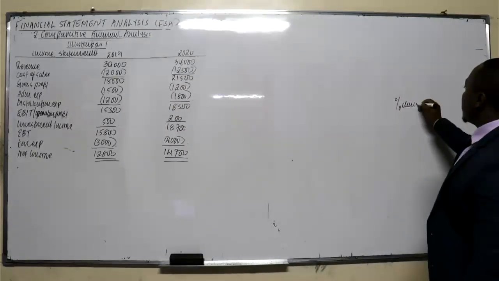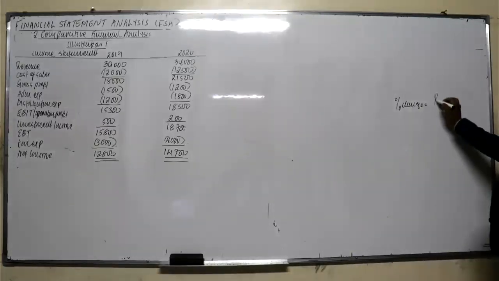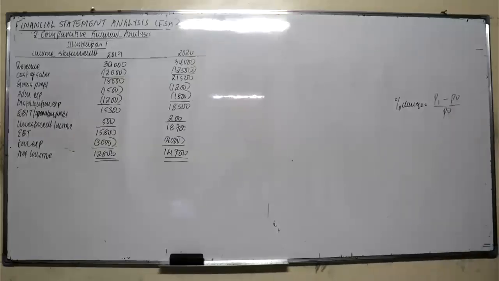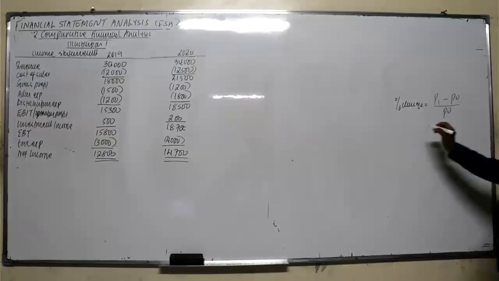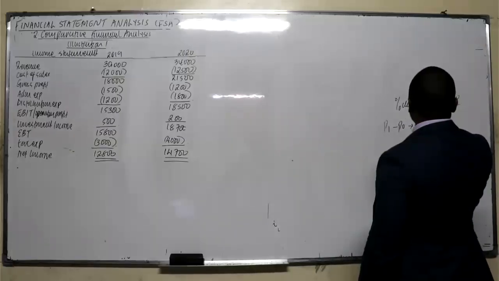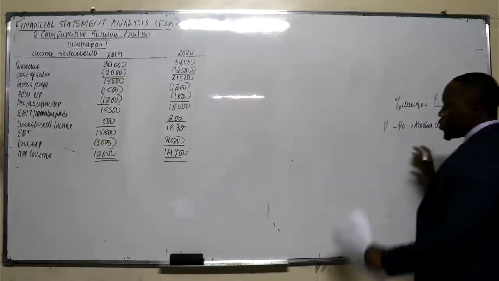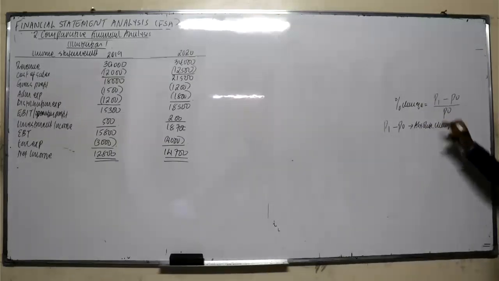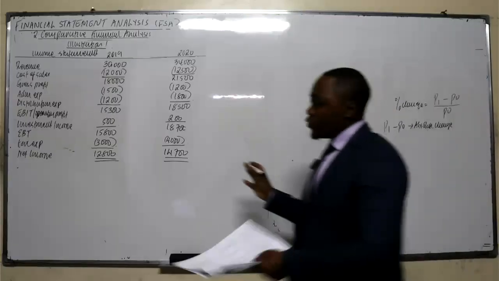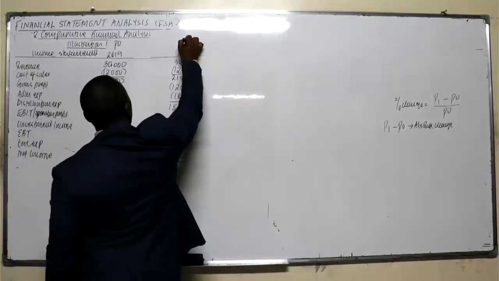To get it, first of all, you get the rate of change by taking P1 minus P0 over P0, whereby P1 minus P0 is our absolute change. If you want to express in percentage, you divide it by the base case. So here you have two periods. This one will be P0, this will be P1.